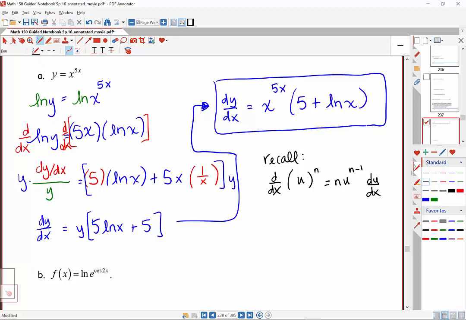And n is an element of the rational numbers. So n belongs to the rational numbers.